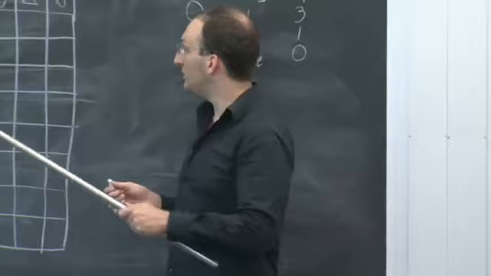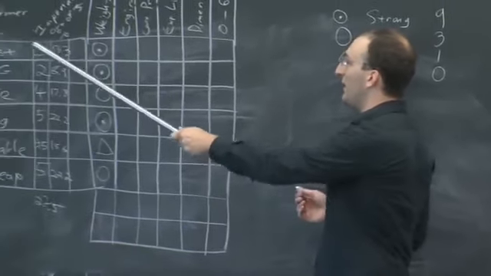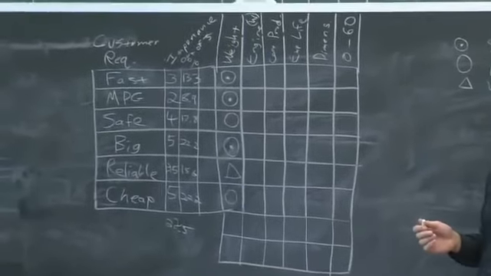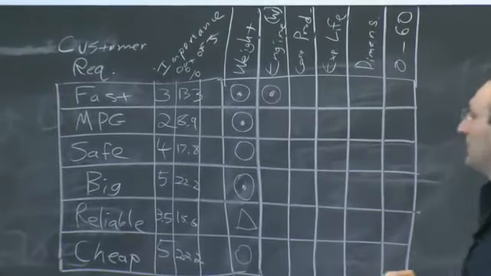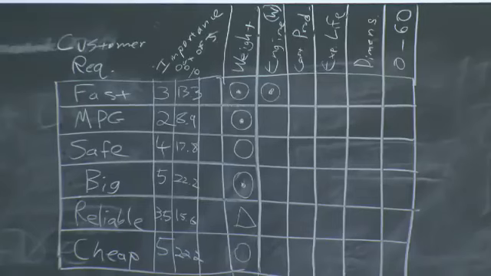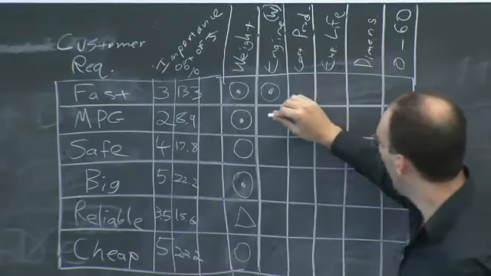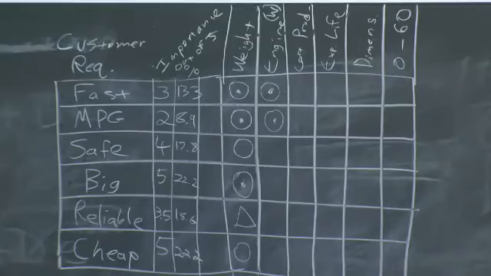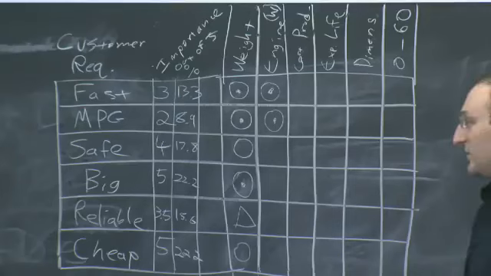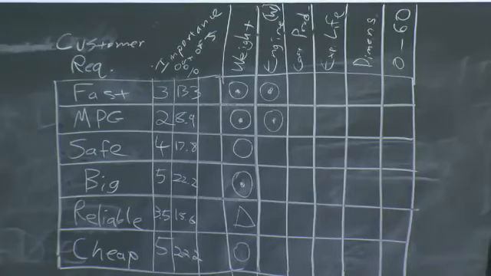So on to engine in terms of horsepower and fast. I think so too. Engine and miles per gallon. Okay. Engine size and safety. I can't really think of much of an association. Engine size and big. I feel like it's got a correlation, but maybe not the strongest one in the world.